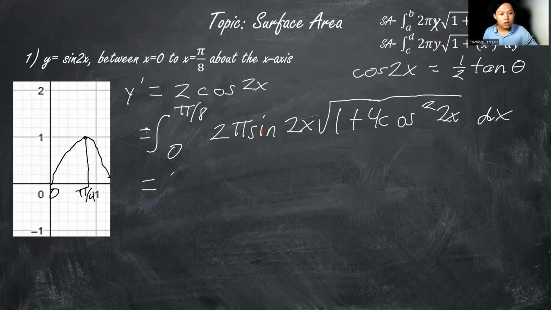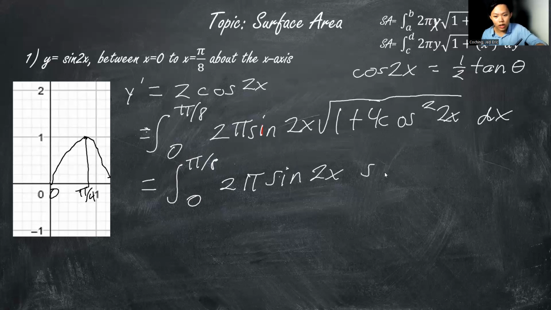So the integral from 0 to pi divided by 8 of sine 2x times secant theta d theta. So we need to substitute this. I forgot what I can substitute there.